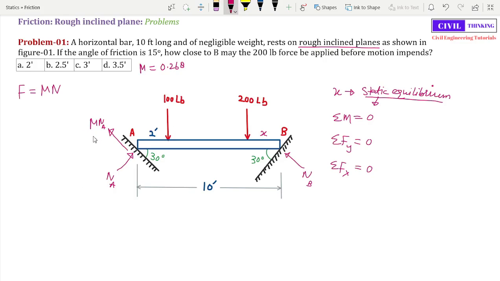Similarly, the bar will try to move downwards, so there will be a frictional force like this, which will be equal to mu times Nb.